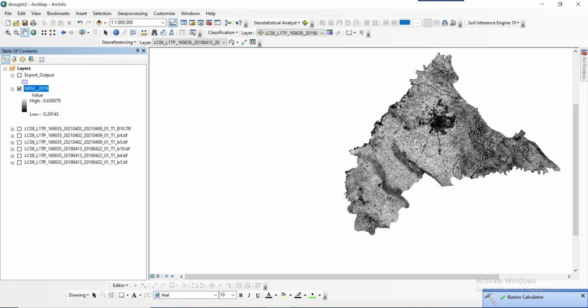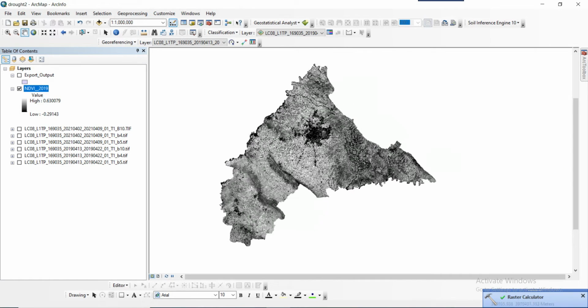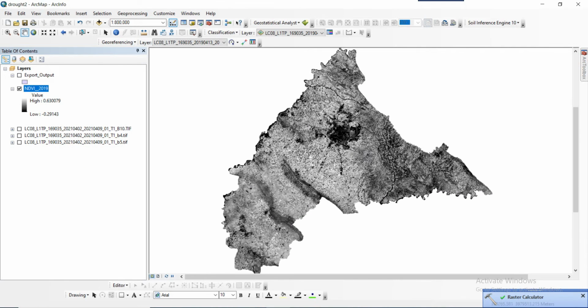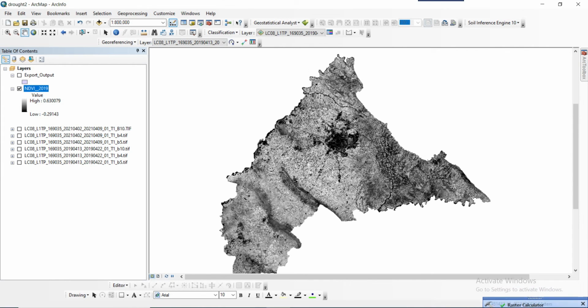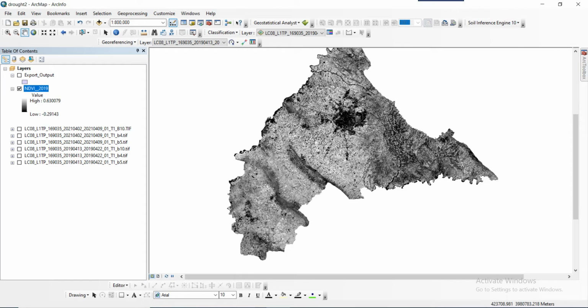If we turn this off, here we go, we have the NDVI for 2019 clipped according to our study area boundary.